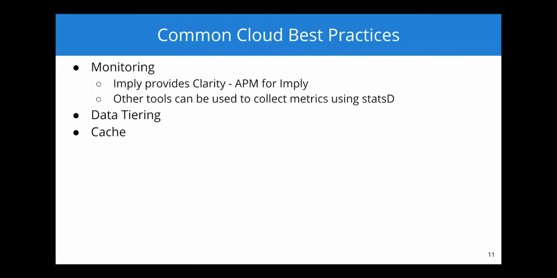In the case of a real-time ingestion, do you have any Kafka lags or back pressure that's building up when you're writing and publishing the segment files? So Clarity is a great tool for APM. There are other tools that you could use as well to collect the metrics that Druid is publishing. Especially, you could use StatsD and emit that to Datadog if you're a Datadog shop.